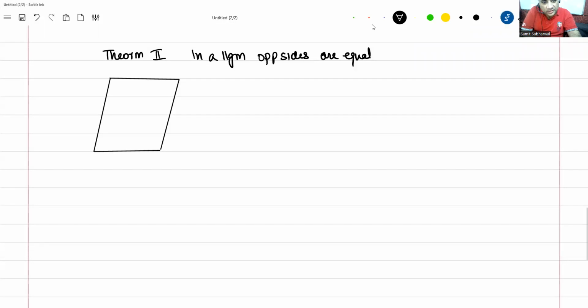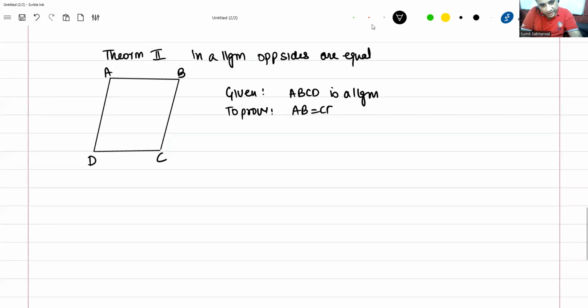Theorem 2 says that in a parallelogram, opposite sides are equal. To prove this, let us see what is given in the question. Given is that ABCD is a parallelogram, and to prove that AB is equal to CD, and AD is equal to BC.